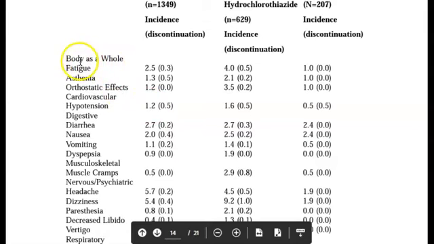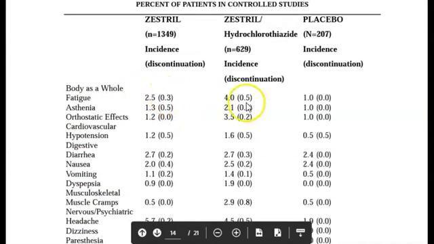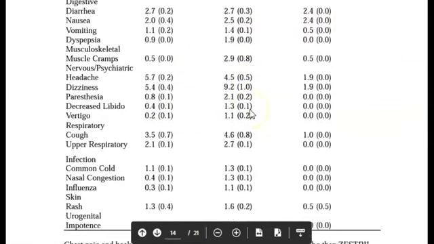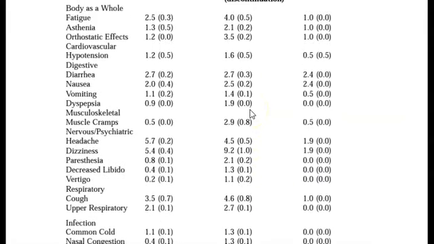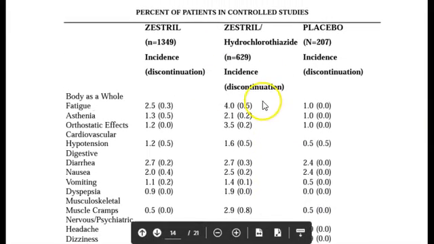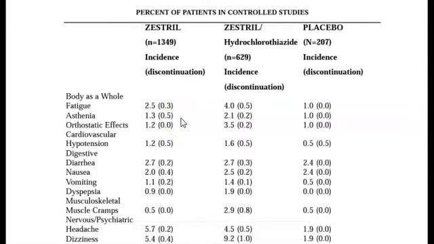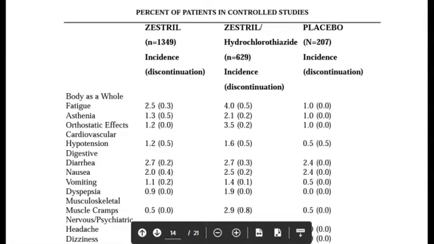From there, it has a bunch of different side effects and the percent of the people that took the medication and reported them. You would just use that information and gather conclusions based on that. What are the most common side effects from the data? What would not be a common side effect?